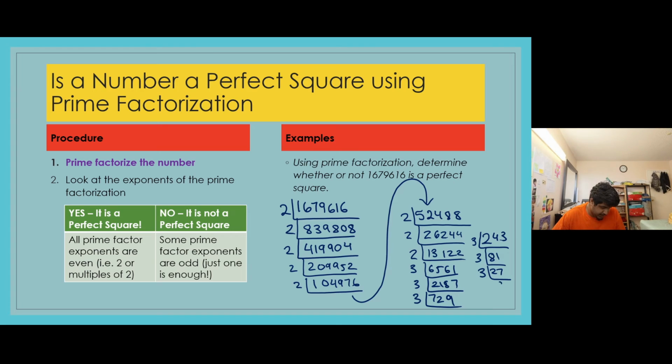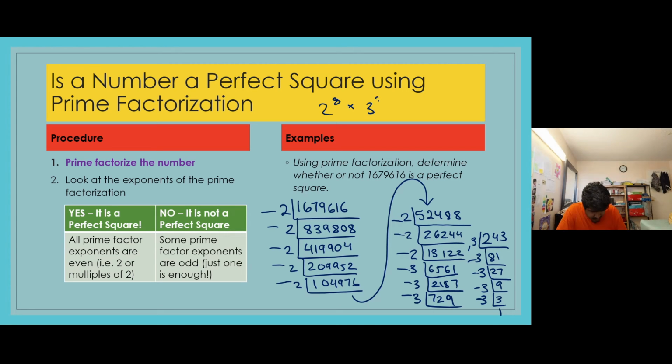And so on, we get 9, which gives us 3, which gives us 1. Right? So, this is a gigantic prime factorization. Let's just write it up over here, and then I'm going to move it back down. So we have 2 to the power of 8, and we have 3 to the power of 8.